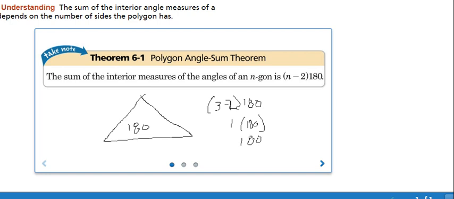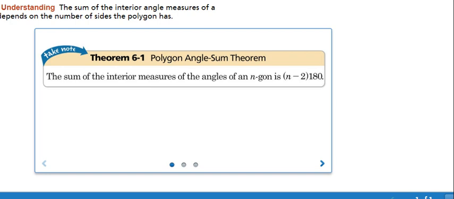So this formula is going to allow us to find the sum for different ones that we don't already know. Even if we know a quadrilateral, like a square or a rectangle, with 4 sides, we know a quadrilateral has 360 degrees because this is like two triangles.